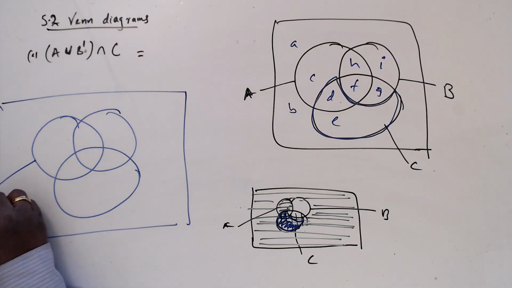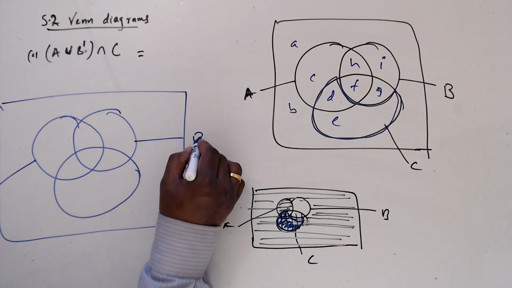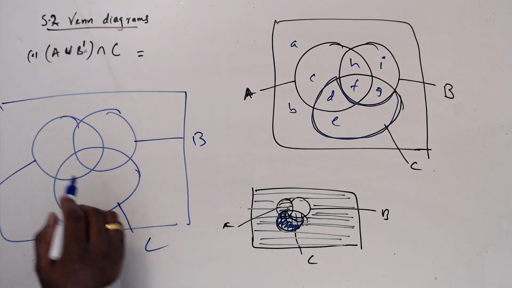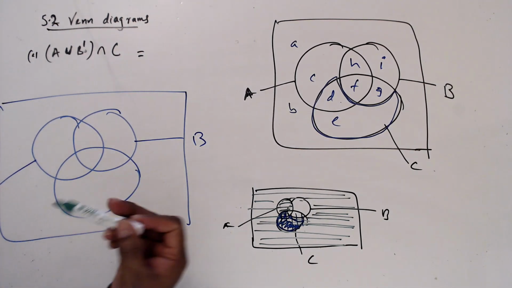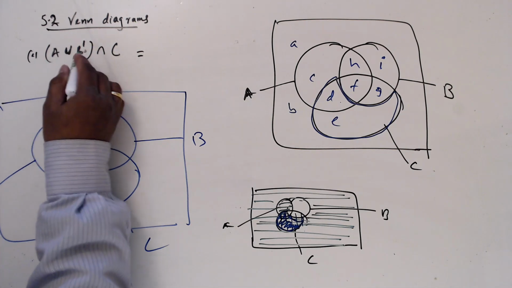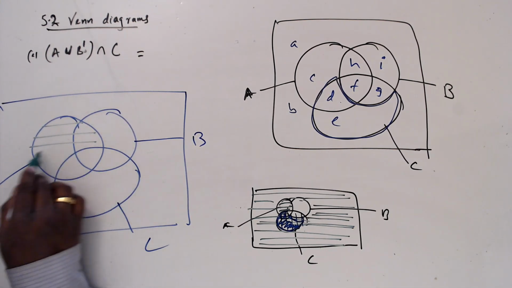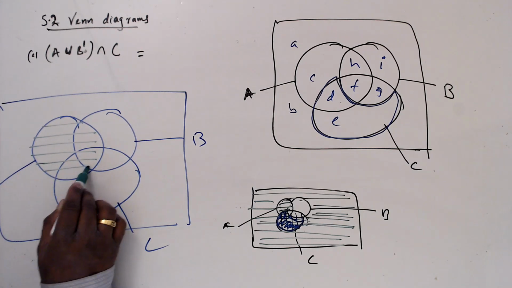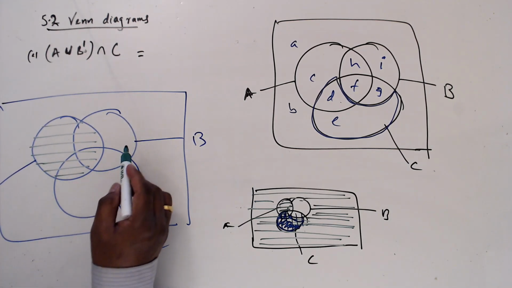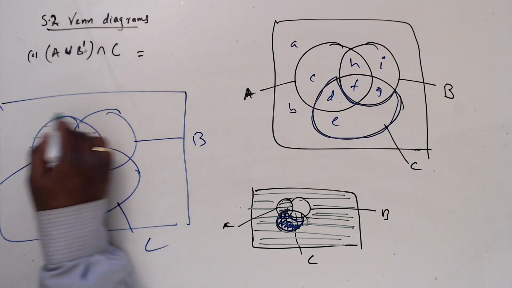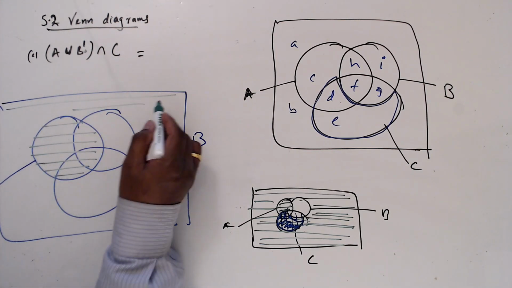So this is A, B, C, then A union B dash. So A, and continue with B dash, not belonging to B. So this whole area.